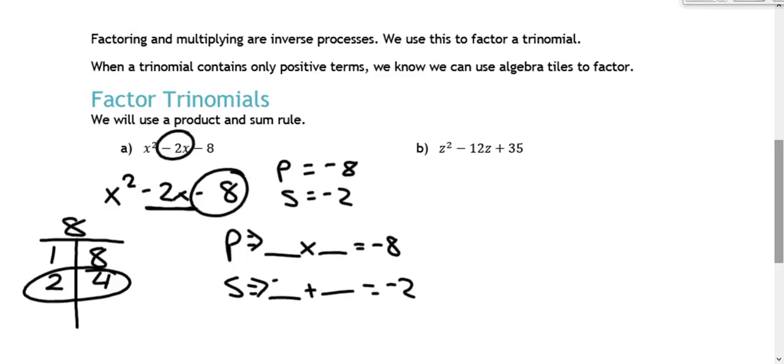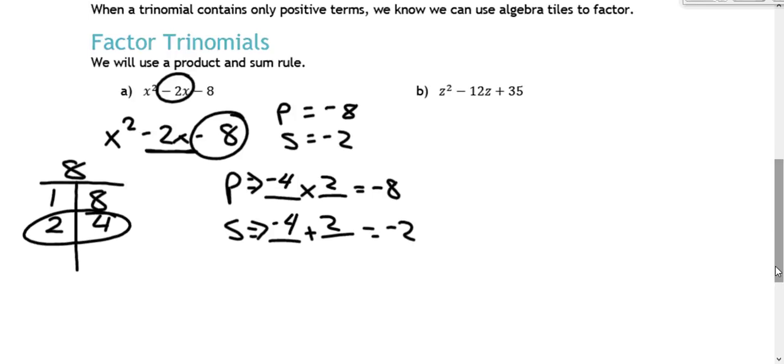So if I had negative 4 and positive 2, that works. So because this is an easy trinomial, we get to jump right to the step that it is x minus 4 and x plus 2. We can use the FOIL rule to backtrack and show that it works.